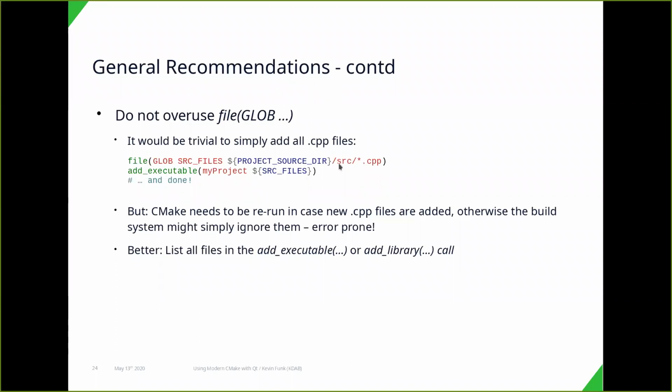But in the end, that doesn't work out well, because in order to let CMake pick up new CPP files, it would need to rerun to be aware of these new files which are being added. And this is not helpful. In fact, you should try to list all the individual CPP files and make sure to add them all to add_executable or add_library calls.